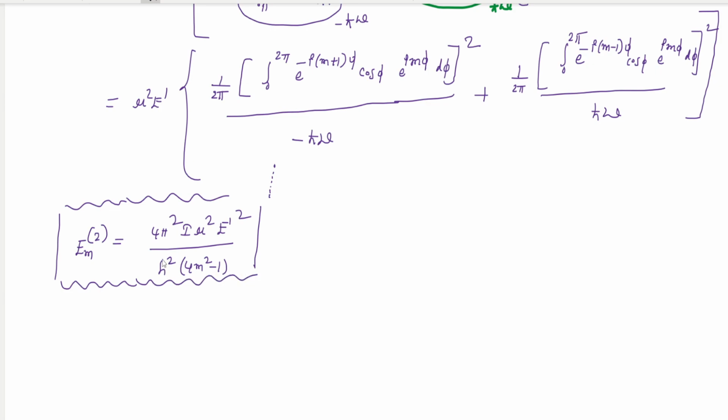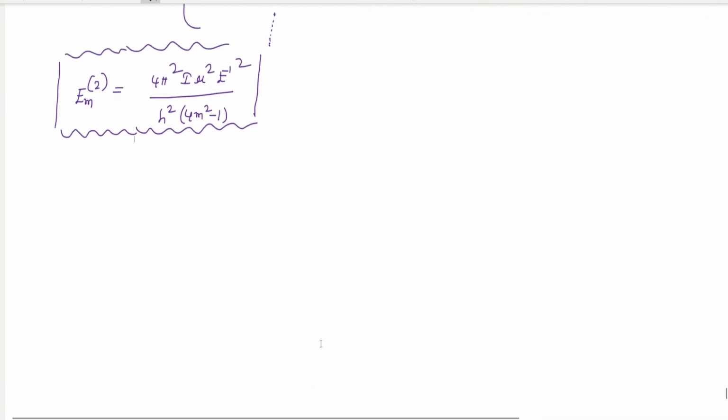So therefore, the total energy of the system we can write like this: total energy E m equals E m power 0, which means the unperturbed energy, the ground state energy, plus this first order correction energy, plus this second order correction energy.